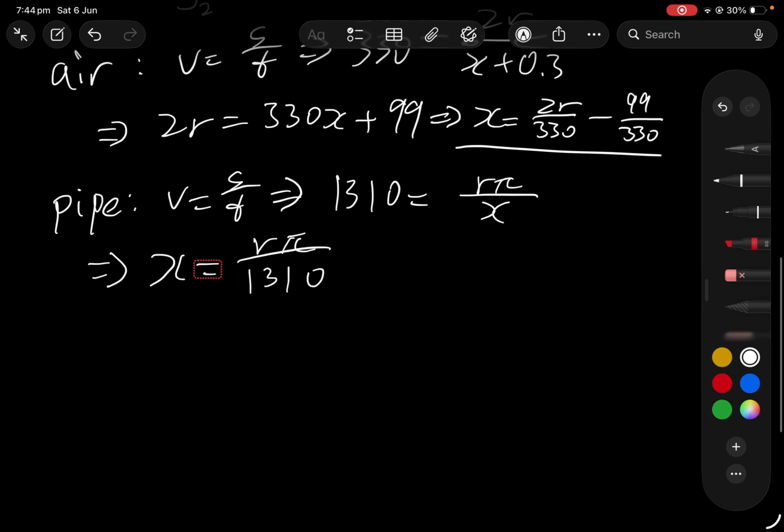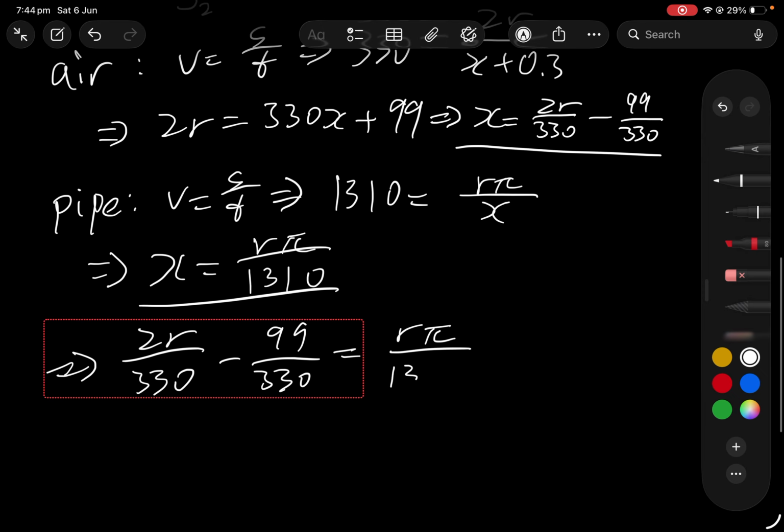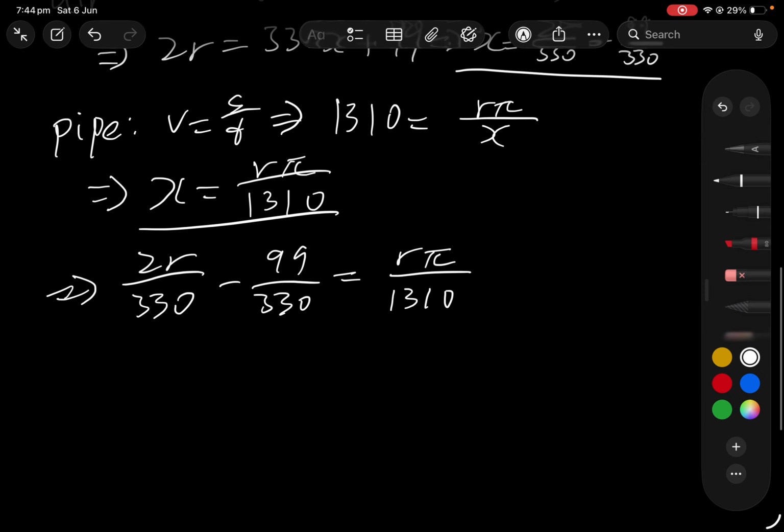Then we can equate these two equations, and we get 2r over 330 minus 99 over 330 equals r pi over 1310. Then we can put r on the same side. So we can take r out, it'll be easier.